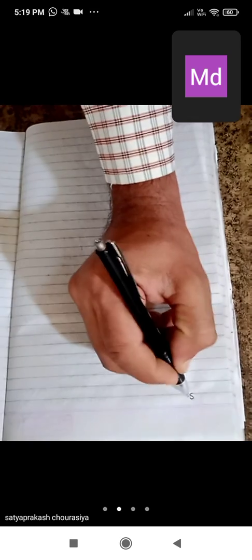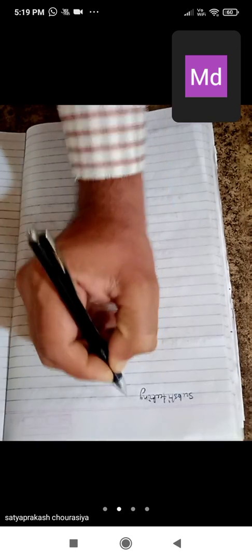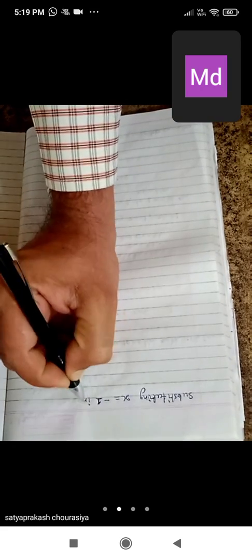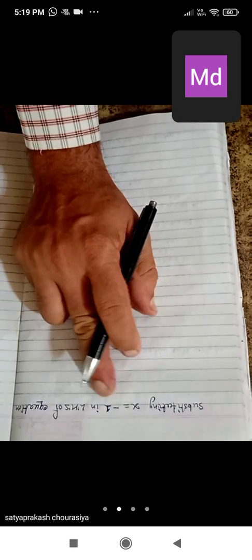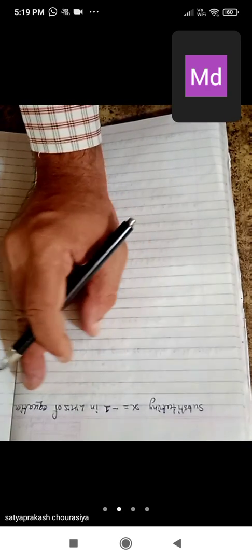Now its second part, substituting x is equals to minus 1 in left hand side of equation. Substituting x is equals to minus 1 in the left hand side of the equation.